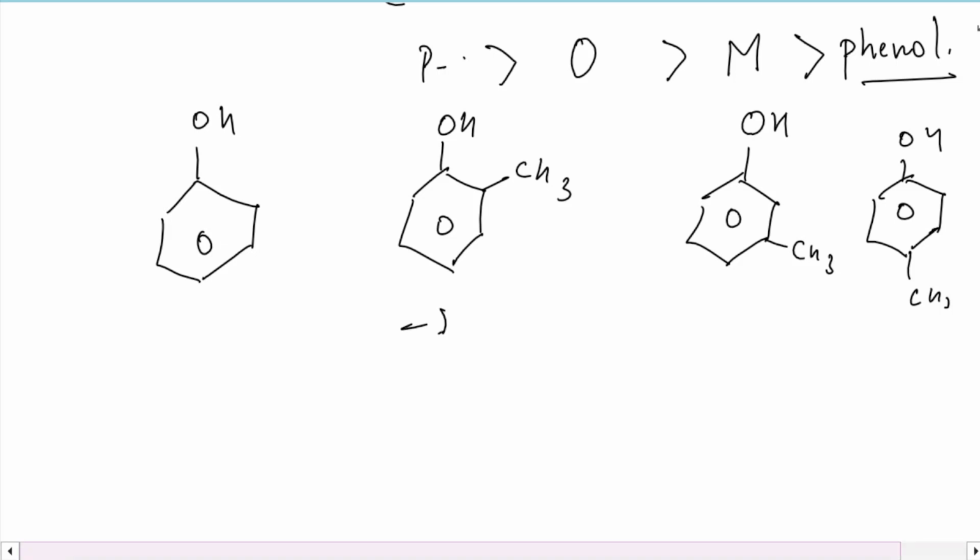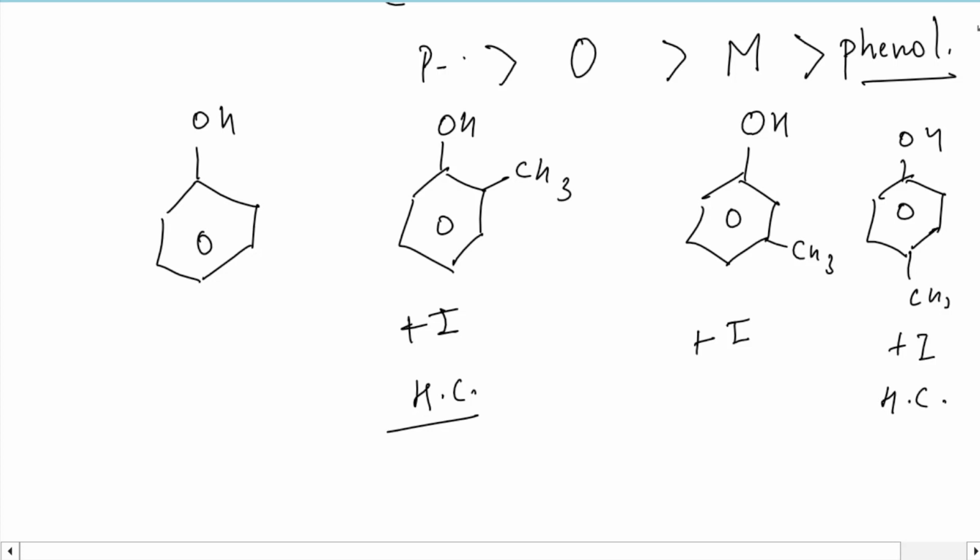Here there is a plus I and hyperconjugation. Here there is a plus I but no hyperconjugation. Hyperconjugation is also applicable only at ortho and para positions. And here there is a plus I as well as hyperconjugation. So what is most acidic here is definitely phenol.